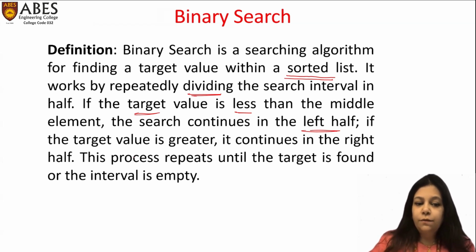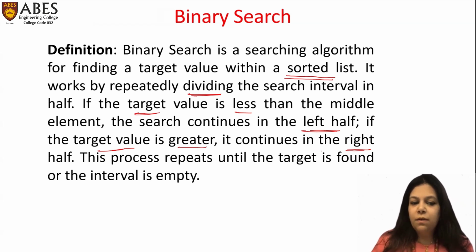Similarly, if the target value is found to be greater than the middle element, then it continues the searching process in the right half of the array, thereby ignoring the left half of the array. And the process is repeated until the target is found at the middle element or the effective array, that is the interval, becomes empty.